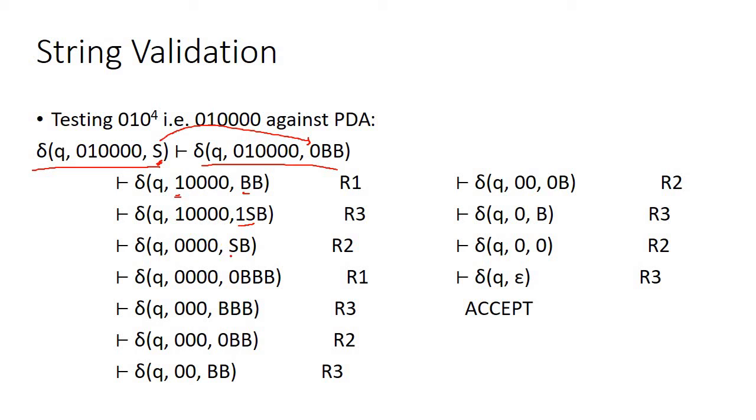Now we are having 4 zeros and SB, so S can be translated into 0BB. Now on the top of the stack we are having 0, so again we are popping out 0 and cancelling these 0s. Now we are having 3 zeros and 3 B's. The B is going to be converted into 0 because of this particular 0.